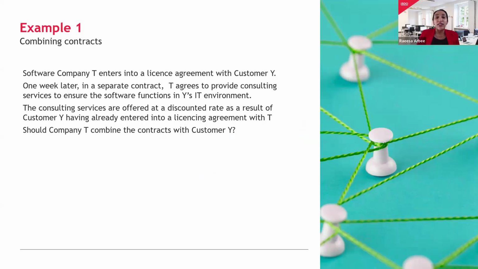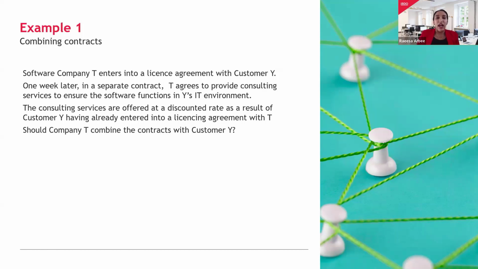The consulting services are offered at a discount as a result of customer Y having already entered into a licensing agreement with T. And the question here is, should company T combine its contracts with customer Y?